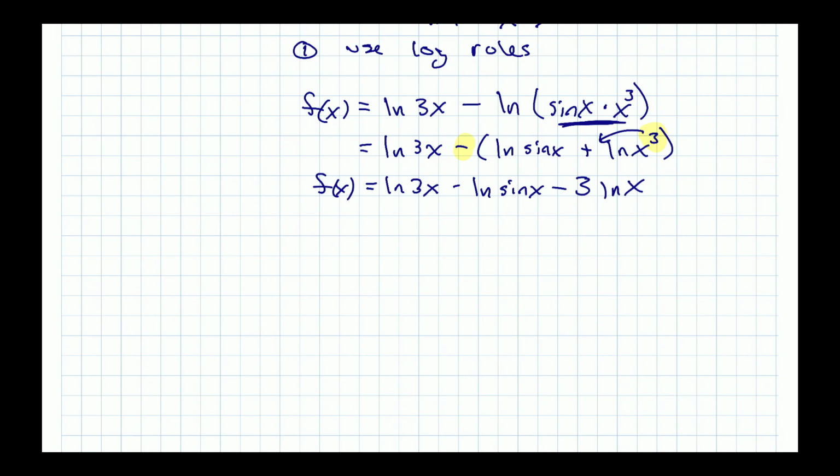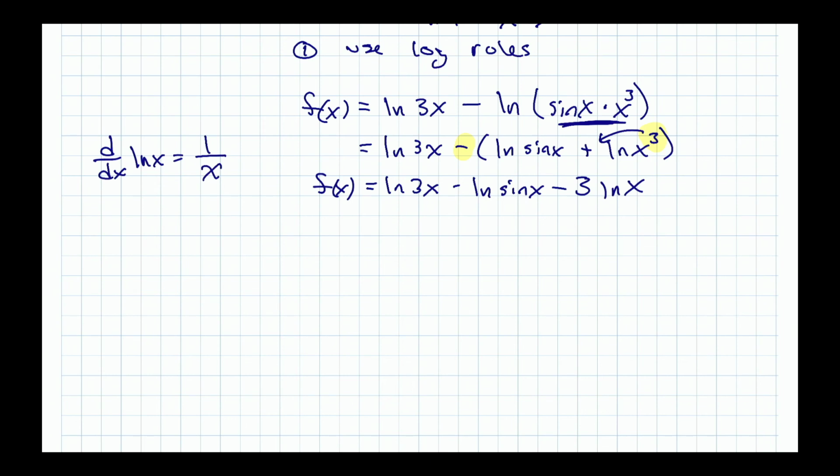But the point of doing this is now each of these terms is a much easier derivative for us to take using the basic rules for the derivative of a log, right? So here's what we need. You need to know that the derivative of ln x is 1 over x.